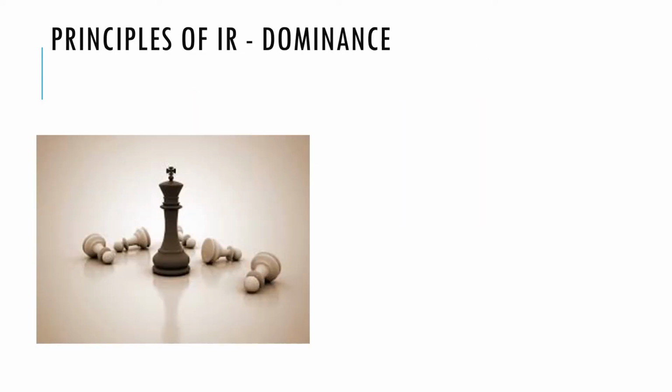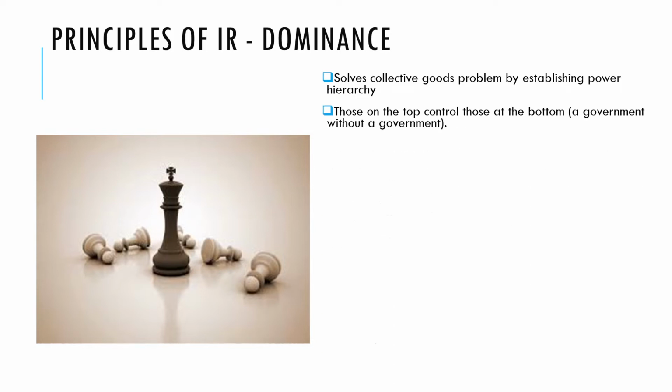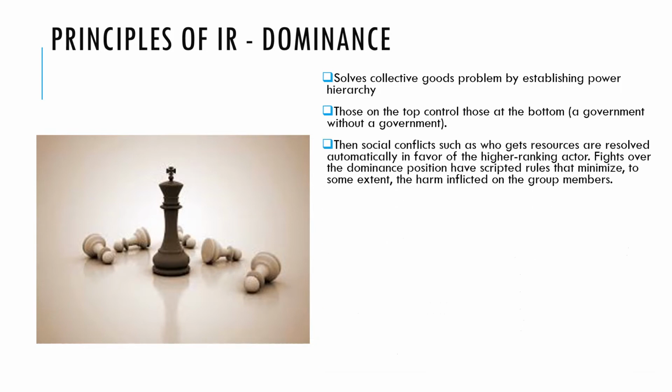So, the principle of dominance. The principle of dominance will solve the collective goods problem by establishing a power hierarchy. What does it mean? It means that there will be a top control of those at the bottom, or one major power that is going to control all the other states that would be weaker in terms of their security, their governmental control, economic development, and so on.